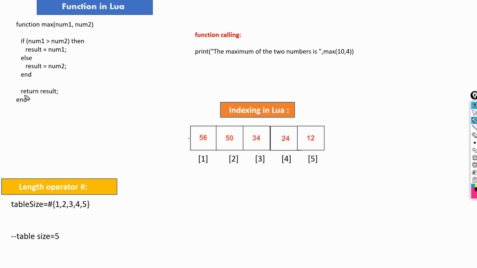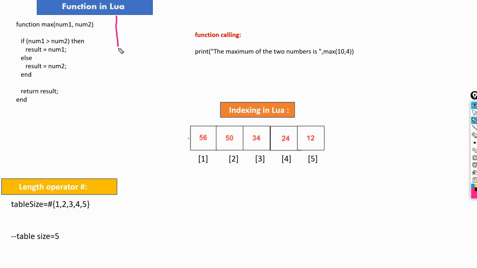And one more, the return. The return is written like this only, but over here there is no data type. But in C++, we give our data type. So you can understand some of the differences. I hope you are understanding this.